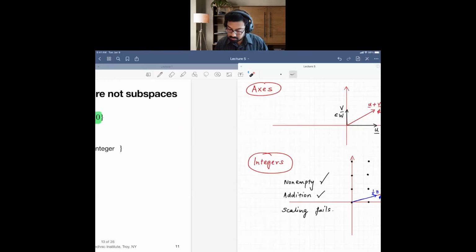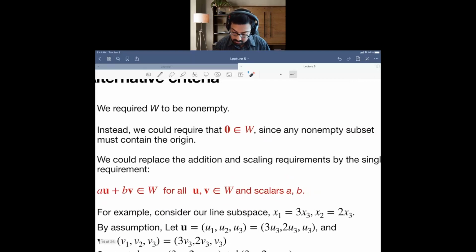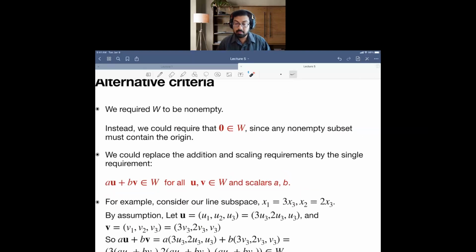Let's see. Next, we could replace the addition and scaling requirements by a single requirement. What is that? Let's do both of them together. Let us scale vector u by a, scale vector v by b, and then add them up.